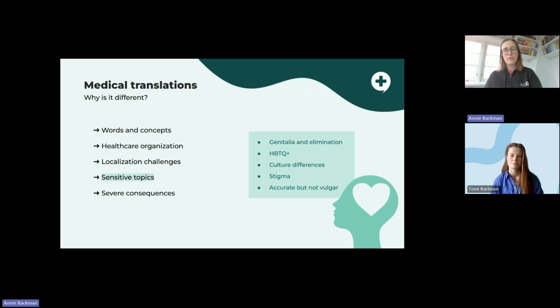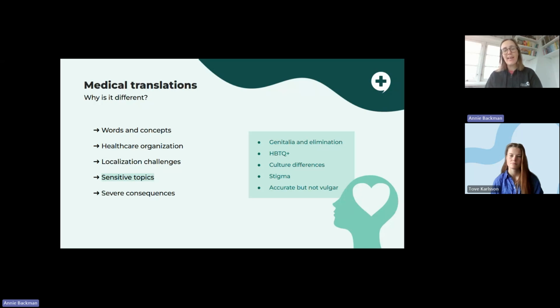This goes also with different genders and being inclusive with sexualities and stuff like that. You need to often take a stand in what degree your text should be inclusive.